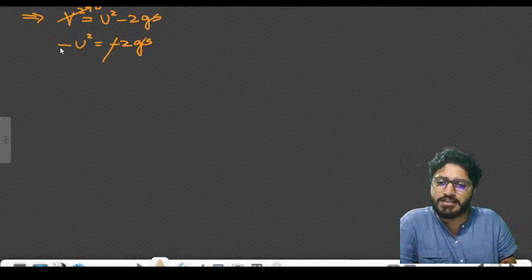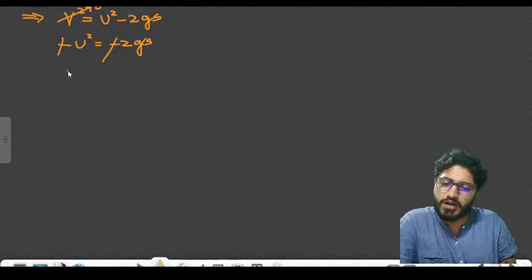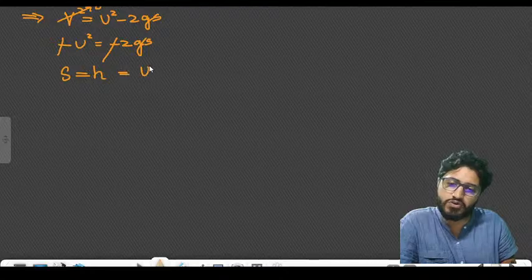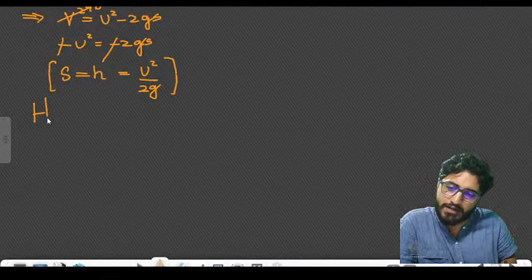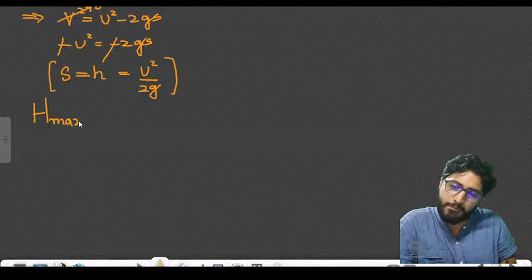So minus minus cancel out. So s, which is equal to H, is equal to u square by 2g. That means the maximum height, H max, is equal to u square by 2g.